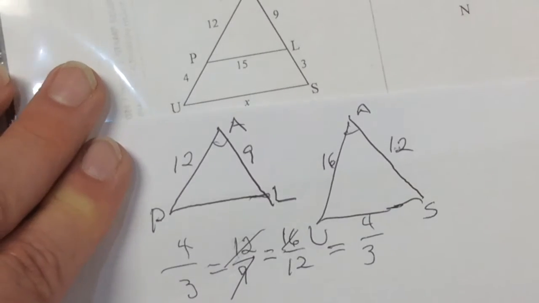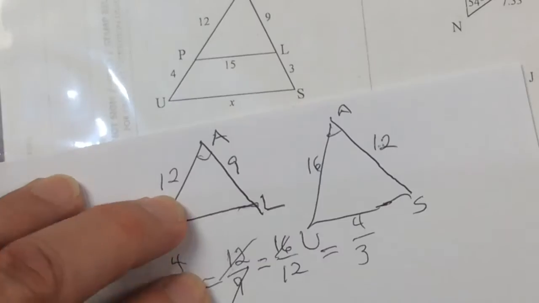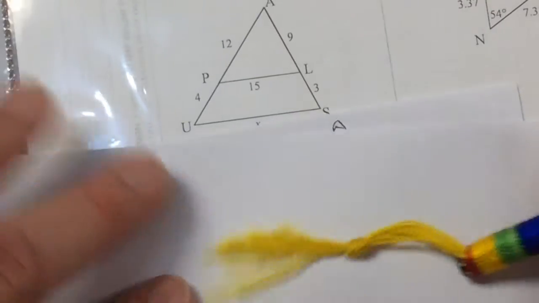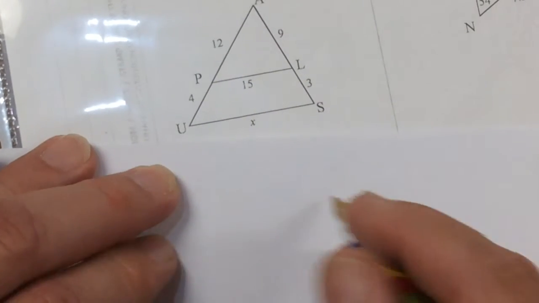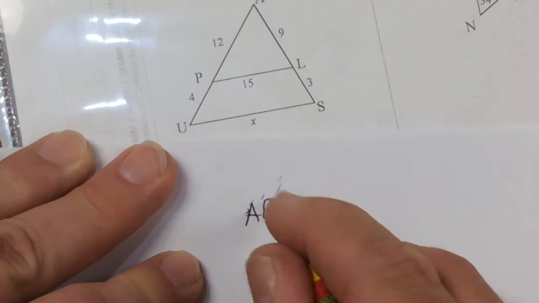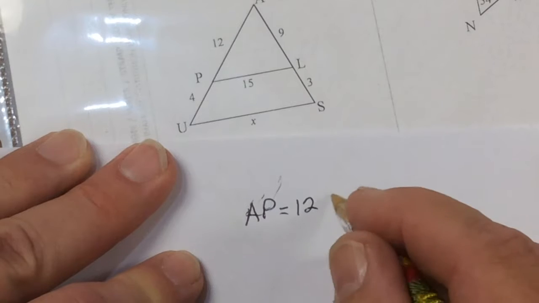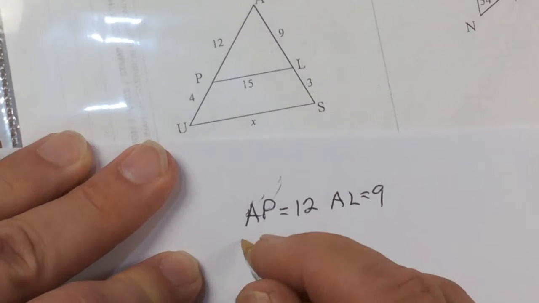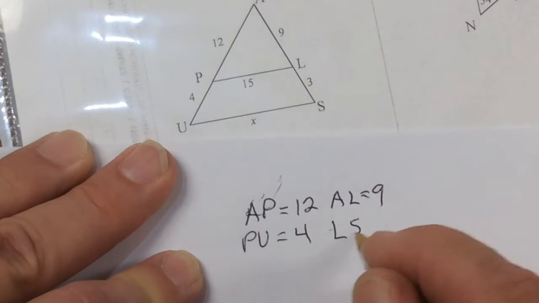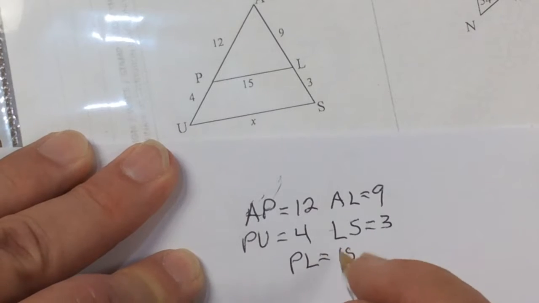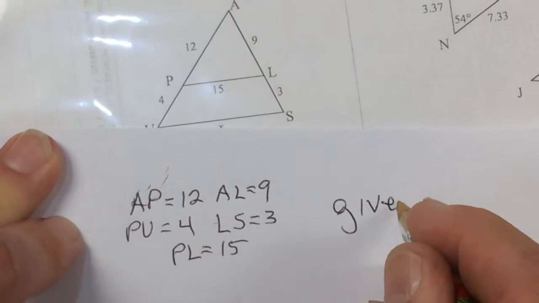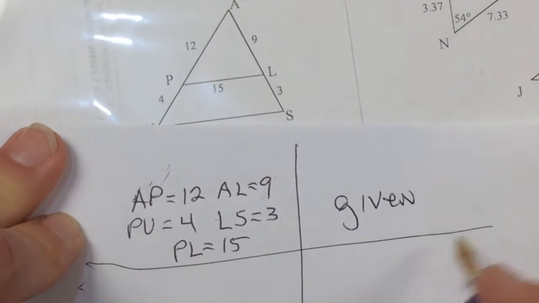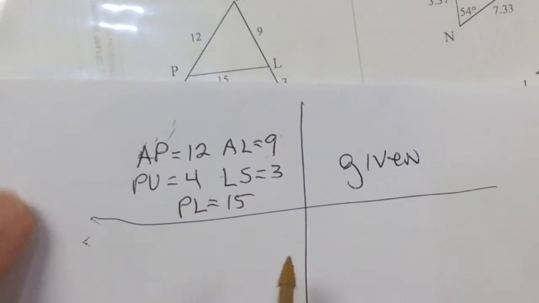So now how do I write that as a proof? First thing I do is write down everything I'm given. AP equals 12, AL equals 9, PU equals 4, LS equals 3, and PL equals 15, given. Now that's not exactly what I need.